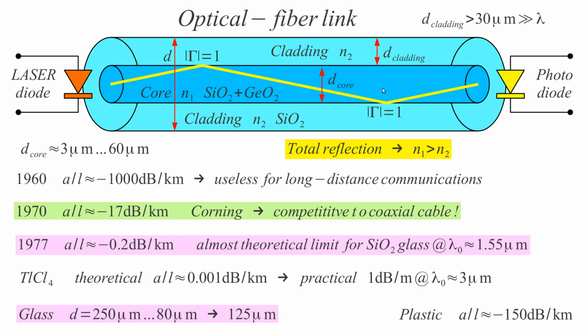Fibers can also be made from very clean plastic, but the attenuation is much larger. Minus 150 dB per kilometer is useless for long distance communication, but plastic fiber is much more useful for other applications. So it has its own application range, but not long distance communication, which is what we are interested in.